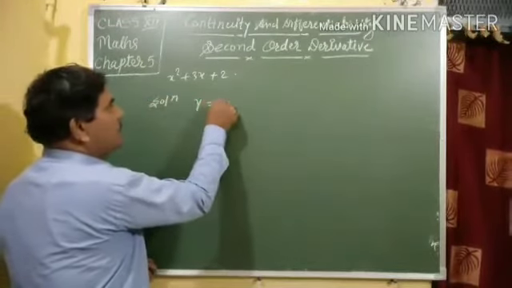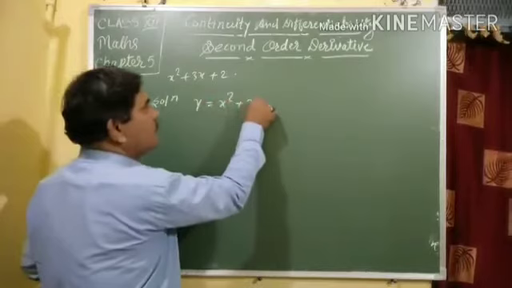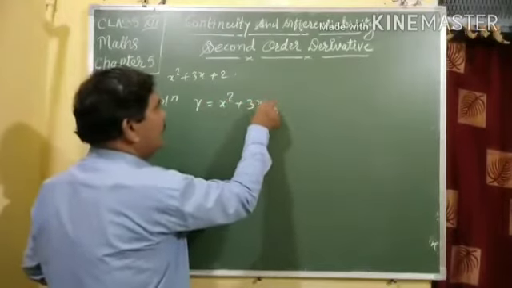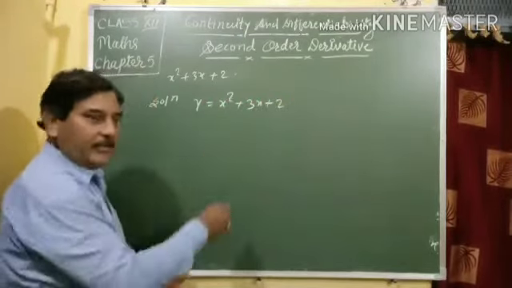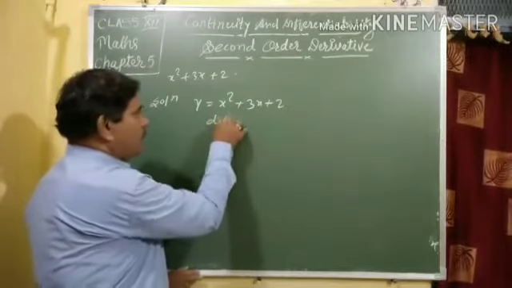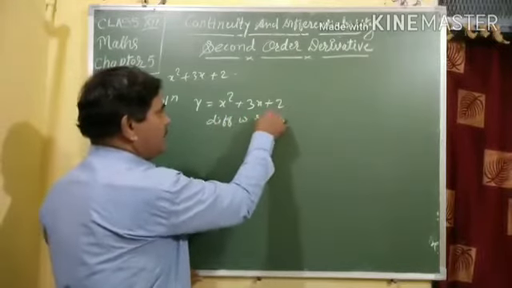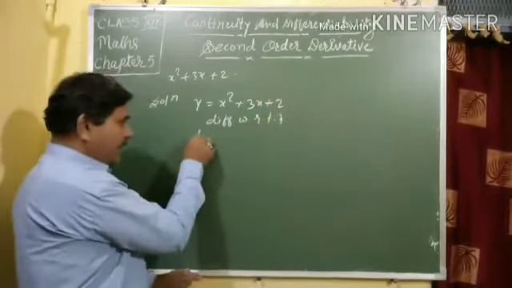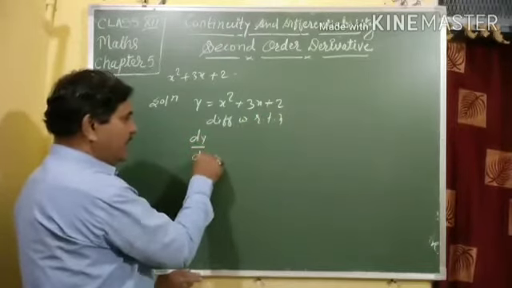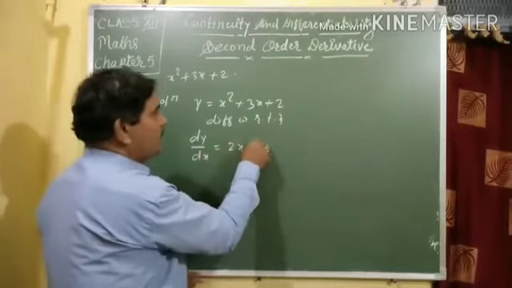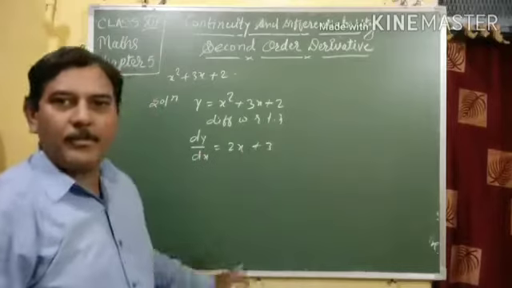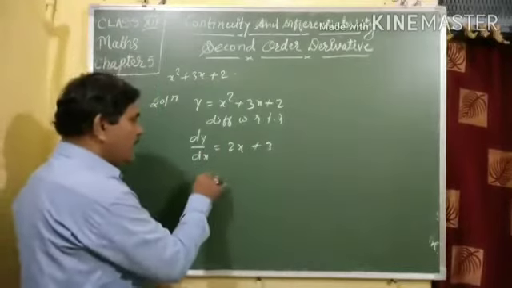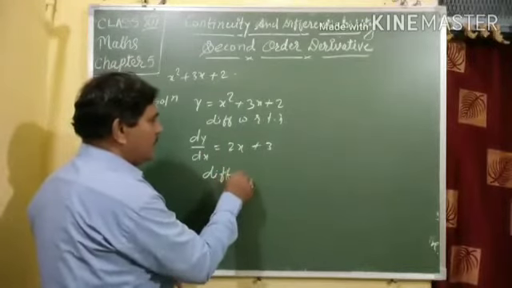Solution: y is equal to x square plus 3x plus 2. Okay, now differentiate this with respect to x. Then what will you get? Directly tell me, dy by dx is equal to 2x plus 3, and derivative of constant is 0. Again here differentiate with respect to x.